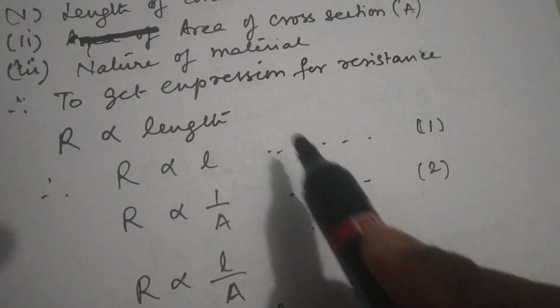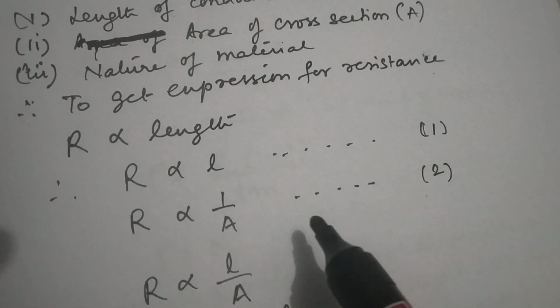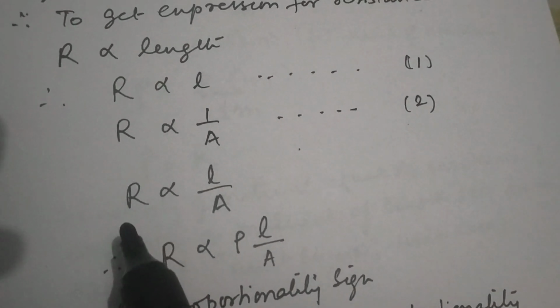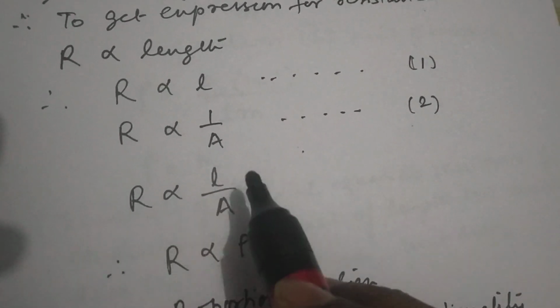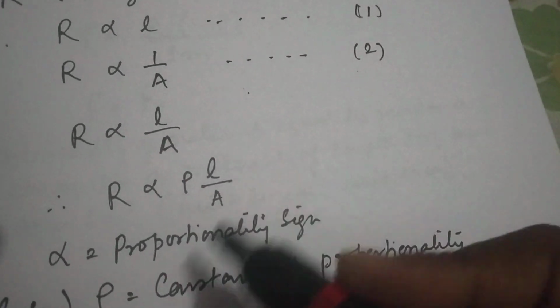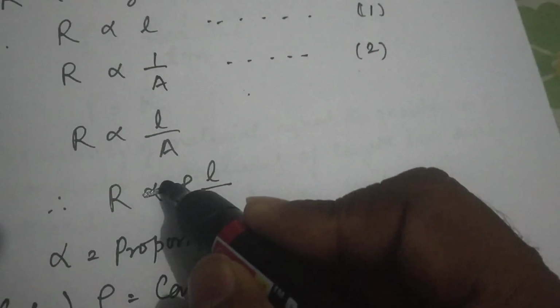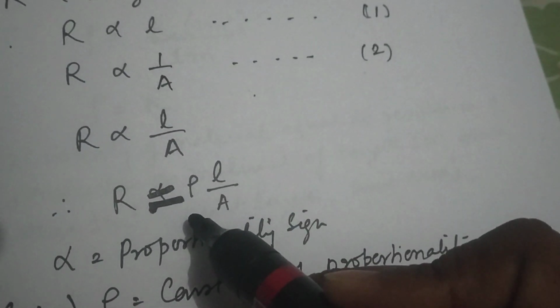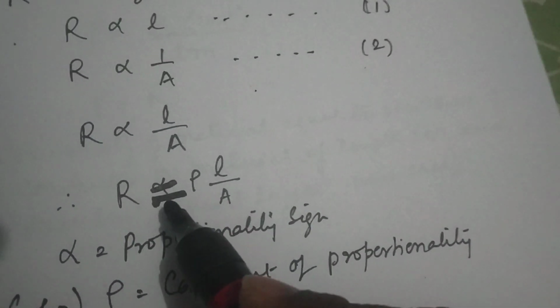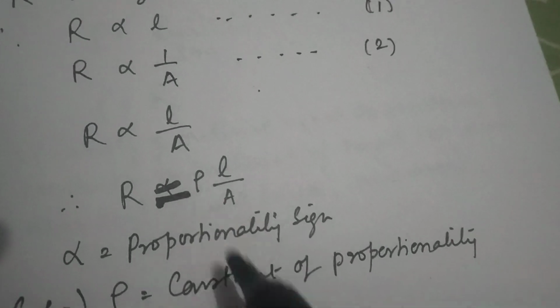So we write it mathematically like this: step number 1, step number 2. If you combine them, R is proportional to L upon A, combined formula. And if you remove the proportionality sign, it is written as R is equal to rho L upon A. So you replace this proportionality sign with the equal to sign and a constant of proportionality.